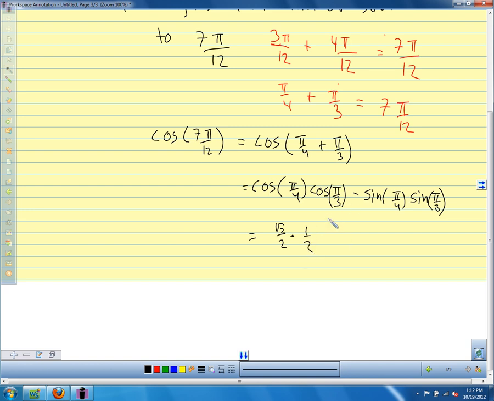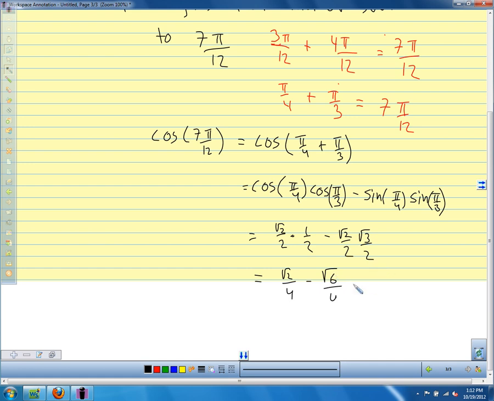Cosine of pi over 3 is 1/2 minus the sine of pi over 4 is square root of 2 over 2, and the sine of pi over 3 is square root of 3 over 2. And I'll multiply my fractions correctly this time. This is square root of 2 over 4 minus the square root of 6 over 4. When I multiply radicals, I can multiply the numbers inside.